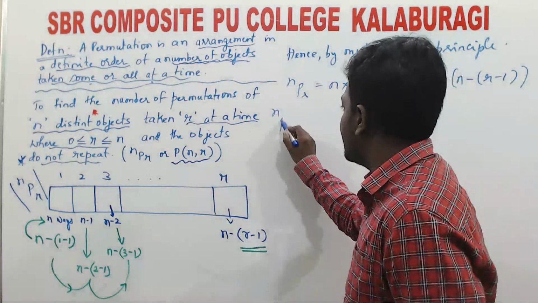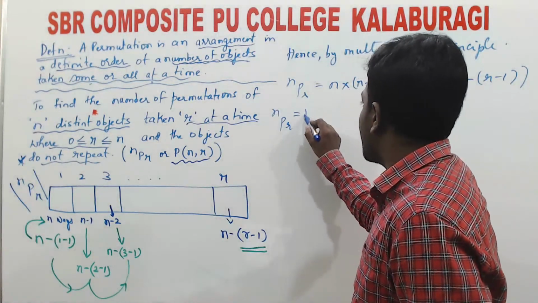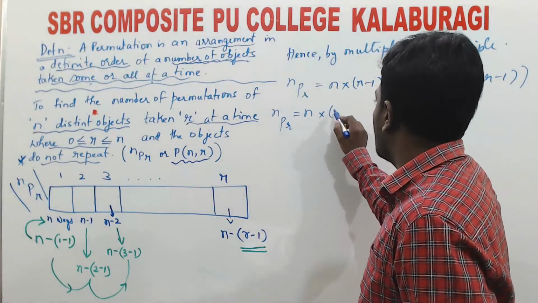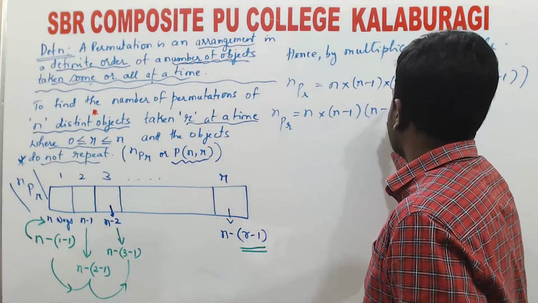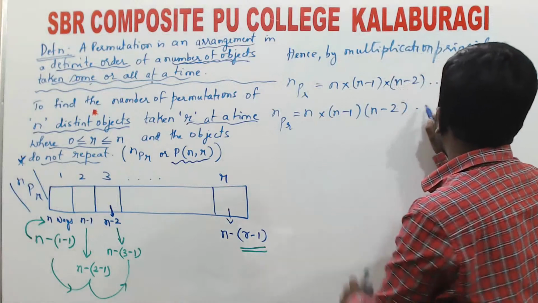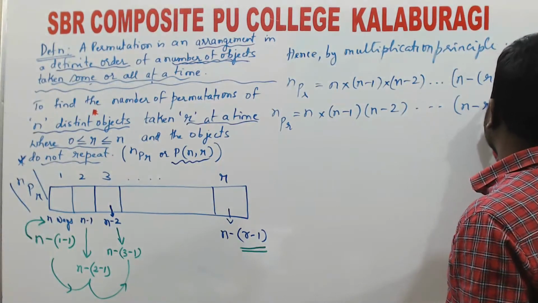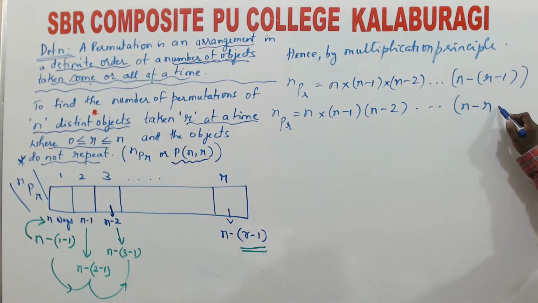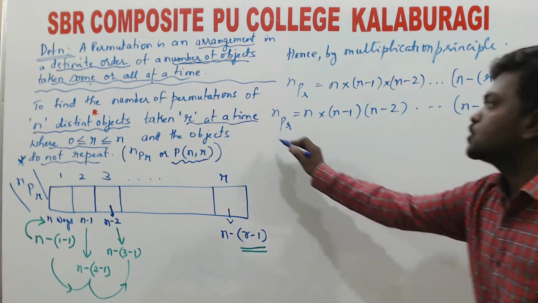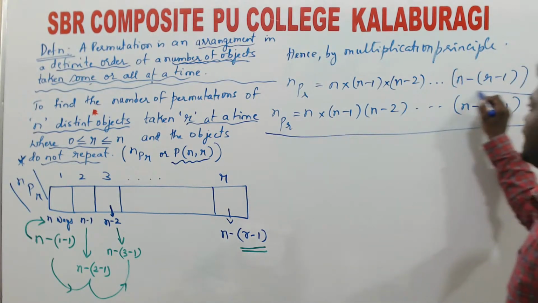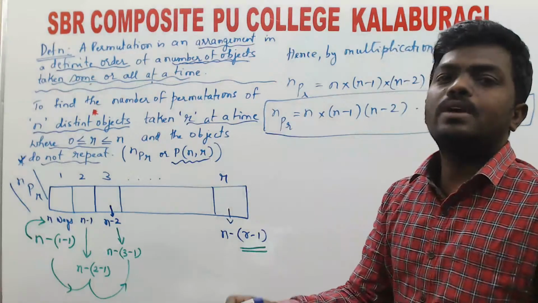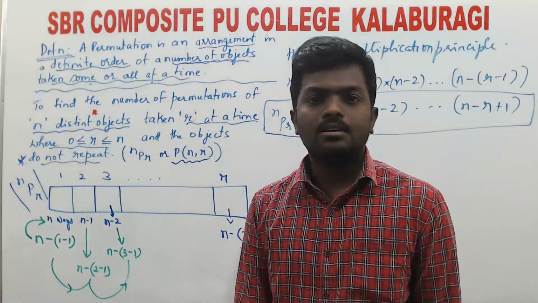Or I can simply write it as nPr is equal to n into n minus 1, n minus 2, and so on up to n minus r plus 1, multiplying the minus inside. So this is your understanding of nPr, or you can say this itself is the formula.